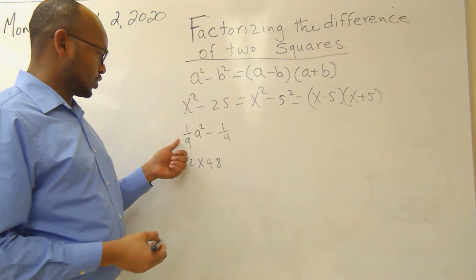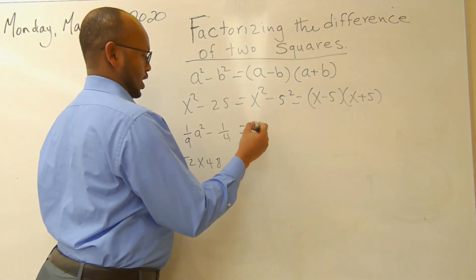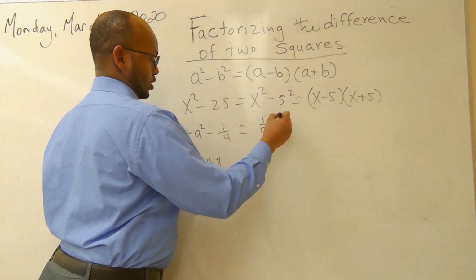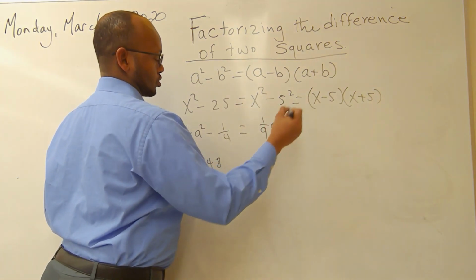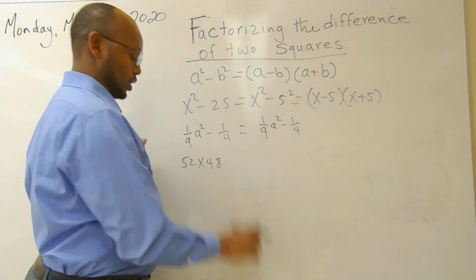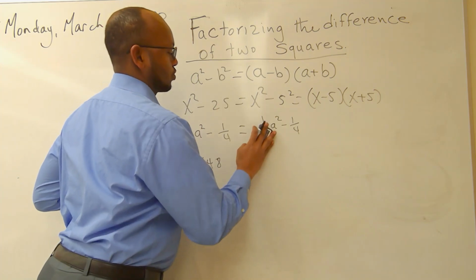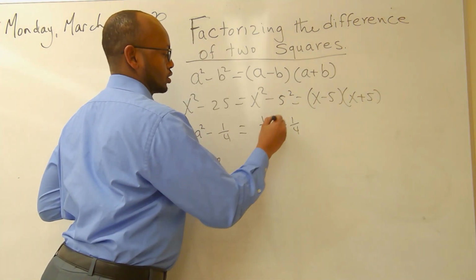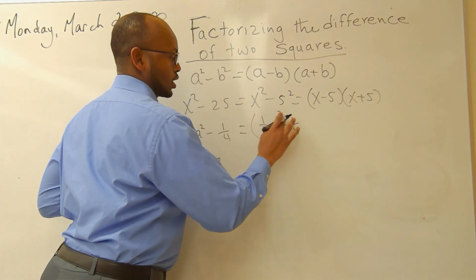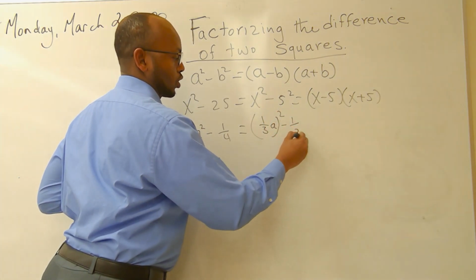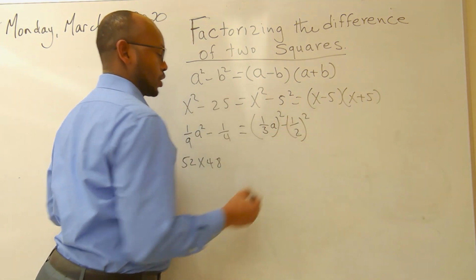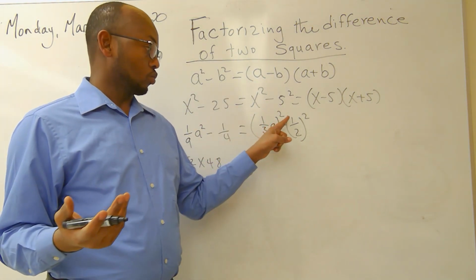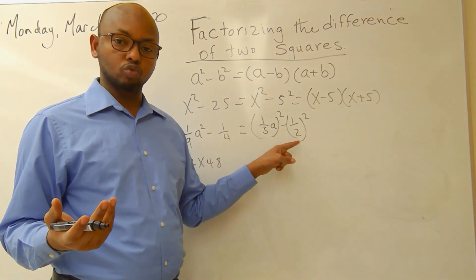When I have a fraction, 1 over 9 a squared minus 1 over 4, it's not a square. So what am I going to do? I change 1 over 9 to 1 over 3 whole squared, and 1 over 4 to 1 over 2 whole squared, because 3 times 3 gives me 9, 1 times 1 is 1, and 2 times 2 gives me 4.